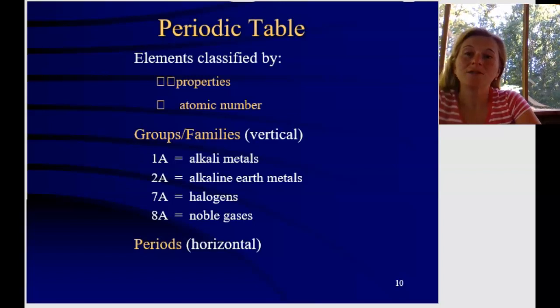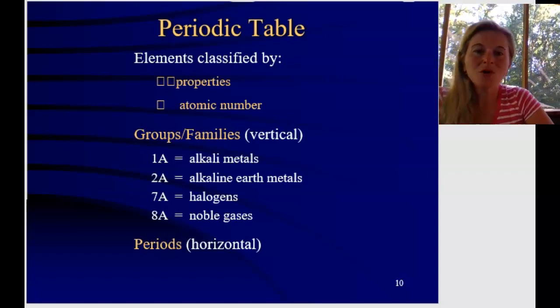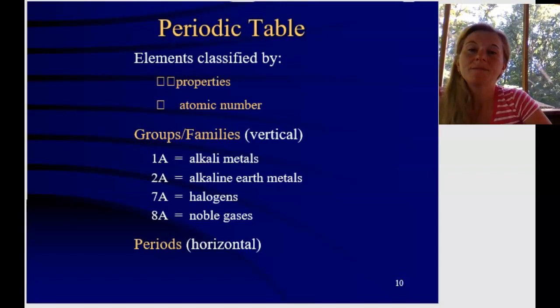There are some flaws to it because the periodic table is putting things that happen naturally in the universe, whether human beings were here or not, into patterns for humans to be able to understand those elements and be able to utilize those elements. Okay, so let's talk about the periodic table.